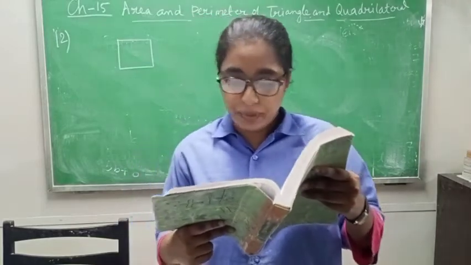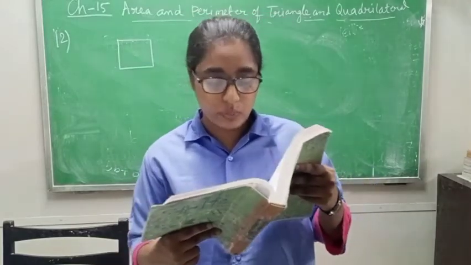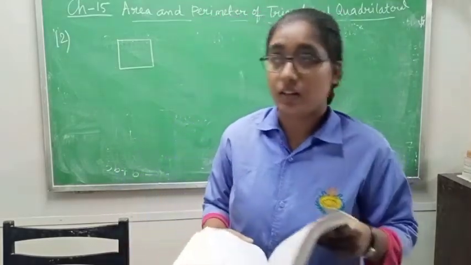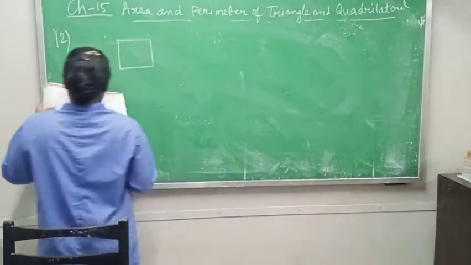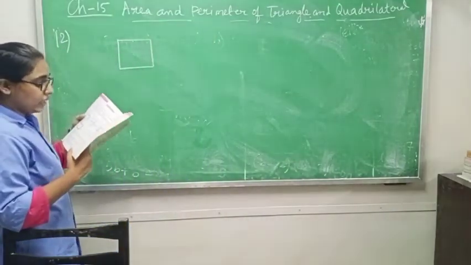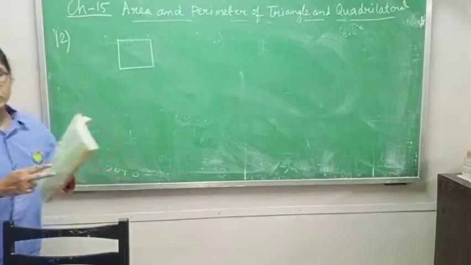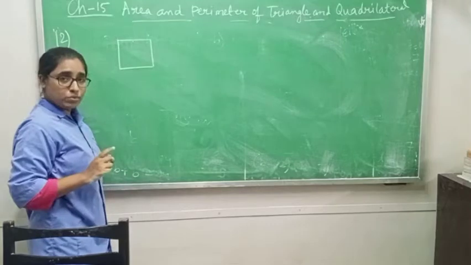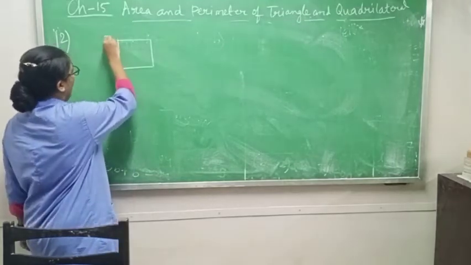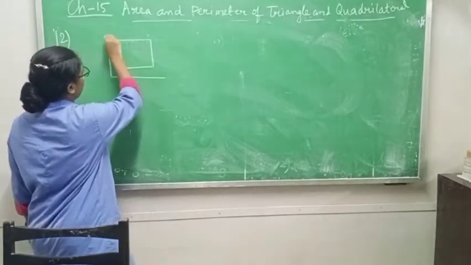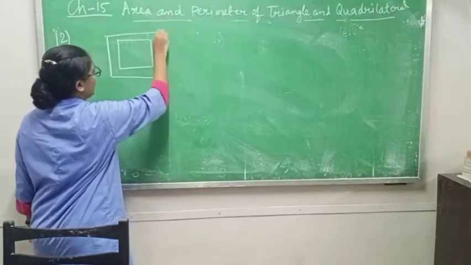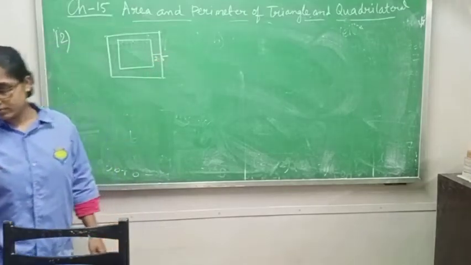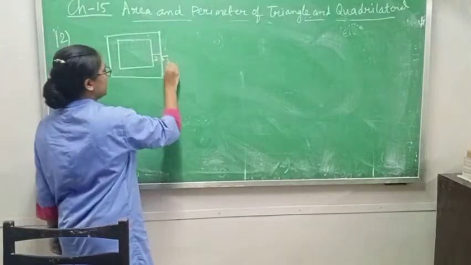The area of the path is 165 square meter. Let us calculate the area of the garden and the length of the diagonal. Now the question is, there is a 2.5 meter wide path around the square garden of Shiraz. So which type of garden is this? This is a square garden. So first I am making one square shaped garden, and outside there is a path, and the path is 2.5 meter wide.